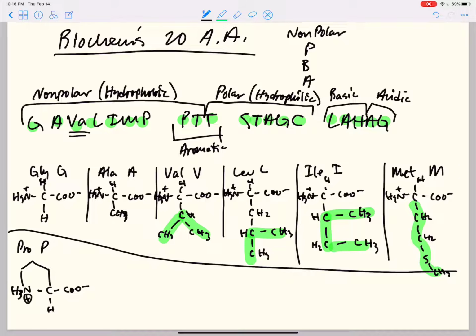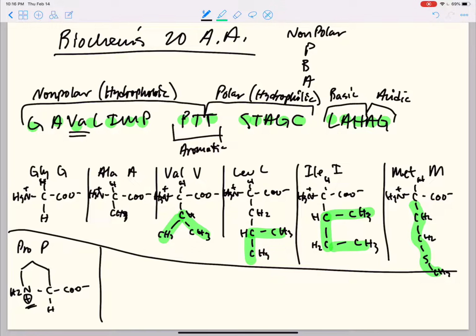So we have an H3N+ here. However, nitrogen can have more than 4 bonds. And when nitrogen has 4 bonds, it's a positive. So what we're going to do is we're going to get rid of that, and we're just going to put 2 hydrogens on there. So that's going to be an H2N. Okay? It's still going to be a plus, though. So that's proline.